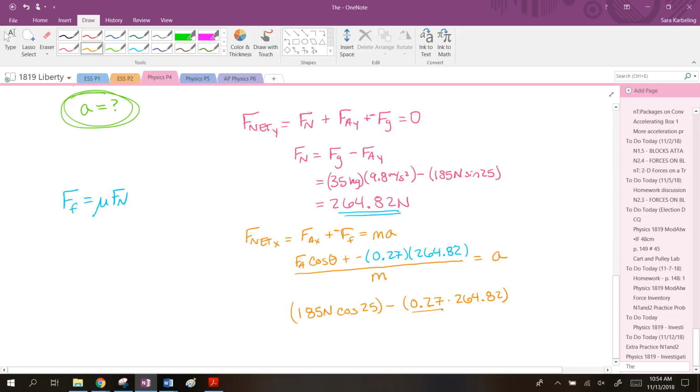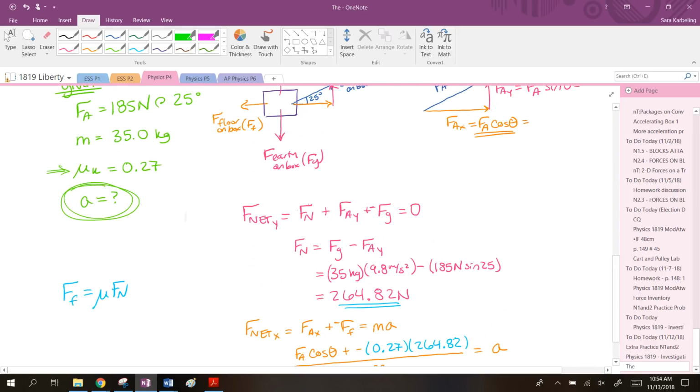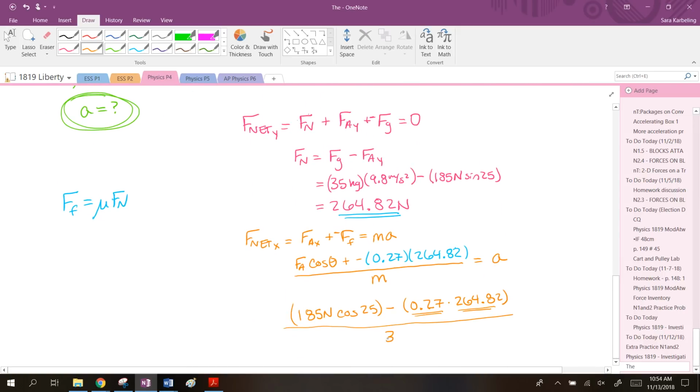So again, this is the coefficient of friction, and that's my normal force, which gives me my frictional force. I'm going to divide that by my mass, which was 35 kilograms, and that will give me my acceleration. So I'm going to plug in some numbers. Again, do it too so that you make sure that it makes sense to you. You're just plugging stuff in here.